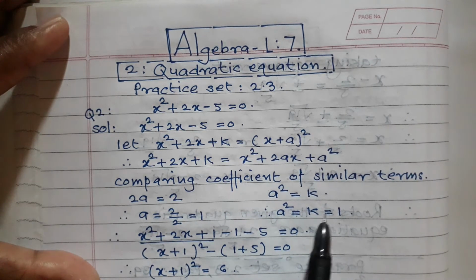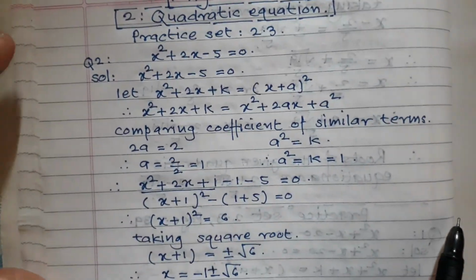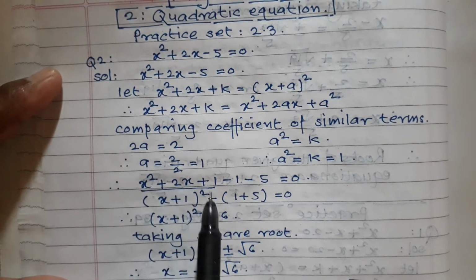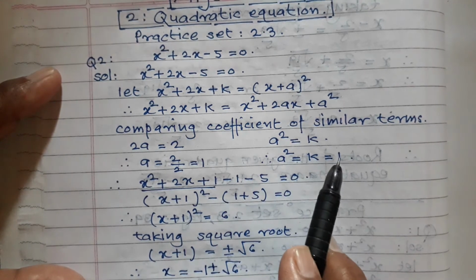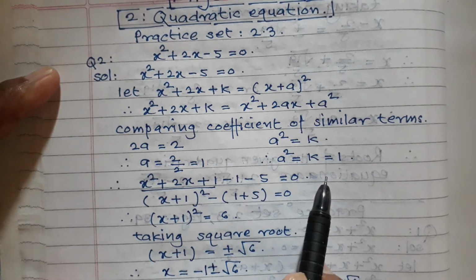Then this value you substitute in the given equation, and therefore x square plus 2x plus 1 minus 1, this value, minus 5 is equal to 0.